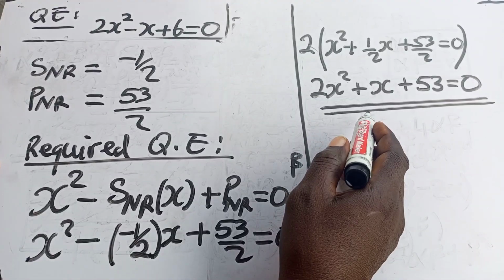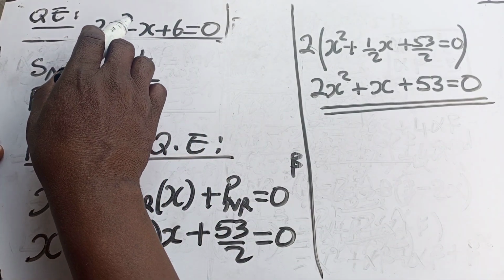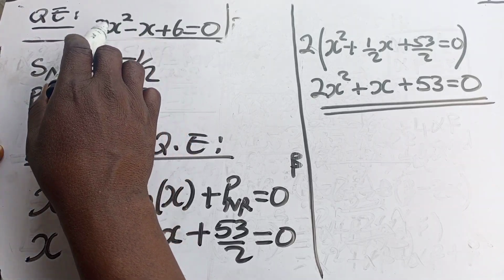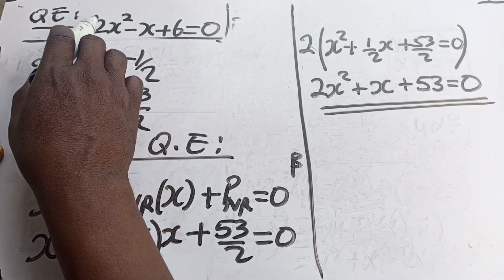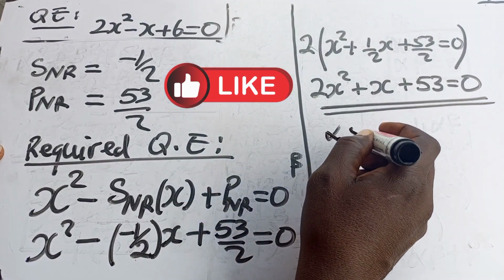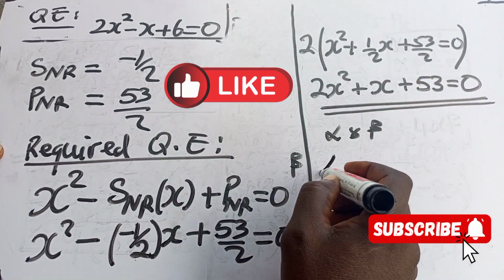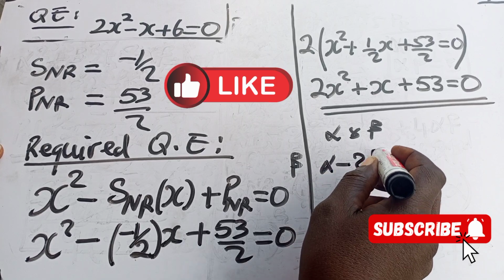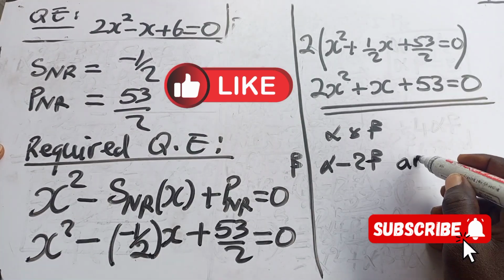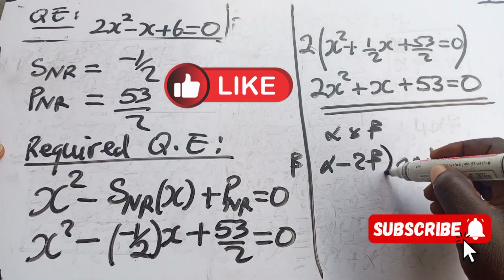The new quadratic equation formed from the information we know about this given quadratic equation. This given quadratic equation has the roots alpha and beta, and we're told that this one has roots alpha minus 2 beta and beta minus 2 alpha.